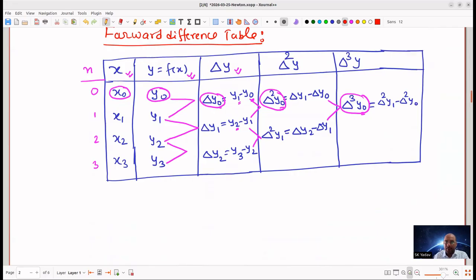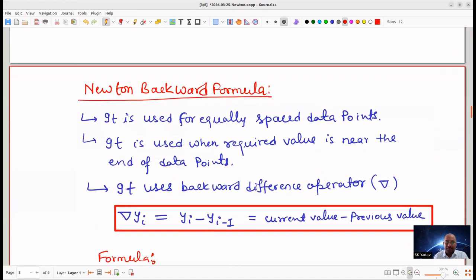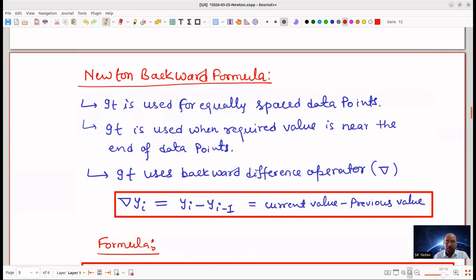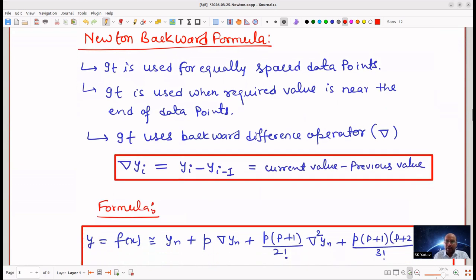Now let's see what the backward difference interpolation formula is. Again it is used for equally spaced data points, and it is used when you want the value near the end of the data points. That's why the name is backward formula.